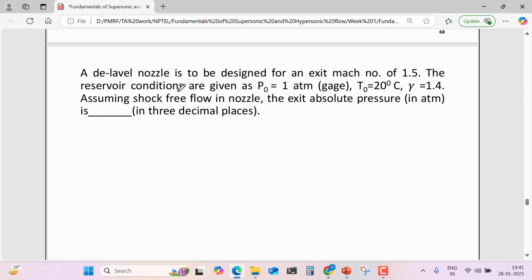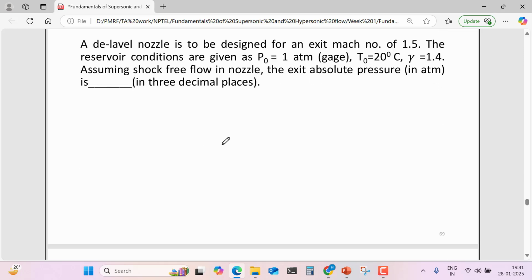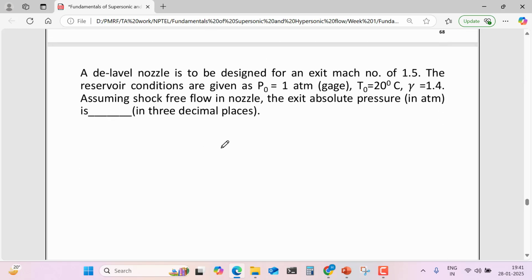The reservoir conditions are given as P0 equal to 1 atmosphere gauge, T0 equal to 20 degrees Celsius, gamma equal to 1.4. Assuming shock-free flow in the nozzle, the exit absolute pressure is. Here we have to find the exit absolute pressure.